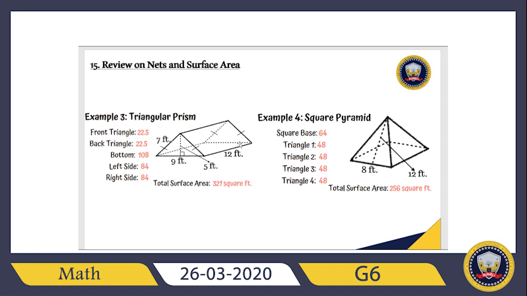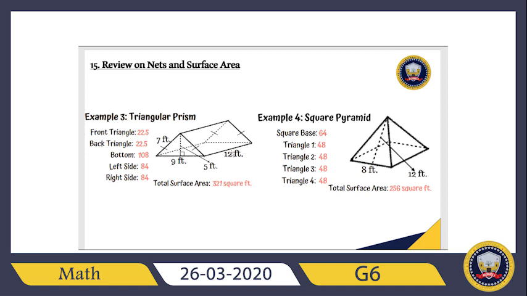Now the bottom area is a rectangle and its area is length times width, so it is 12 times 9, which is 108. Now the left side and the right side, from this side that you cannot see, they are all equal. So let's find one of them.